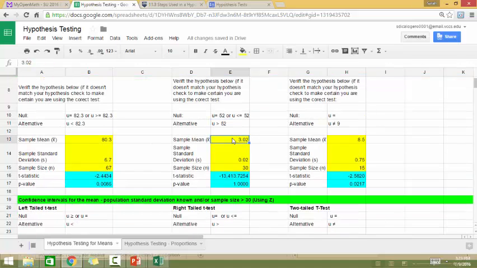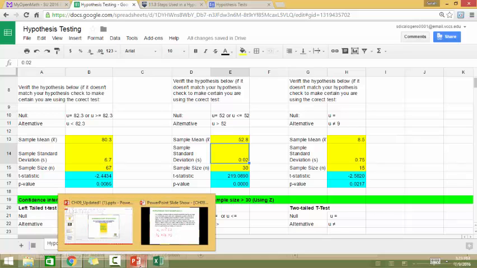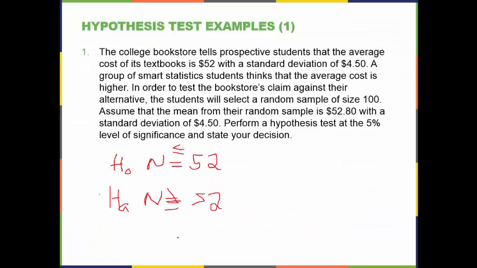So our sample mean was 52.8. And now I have to step back over because I don't remember our sample standard deviation. Our sample standard deviation is 4.5 and n is 100.